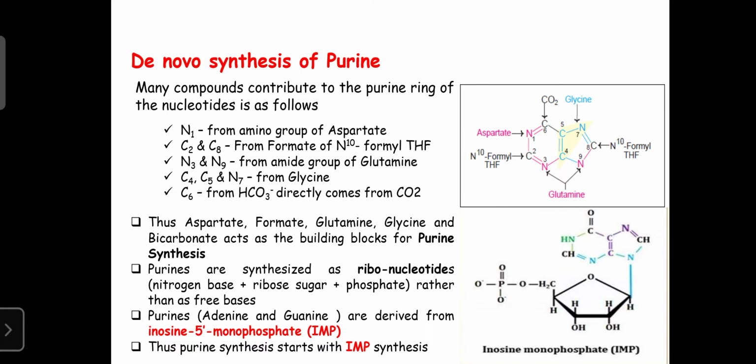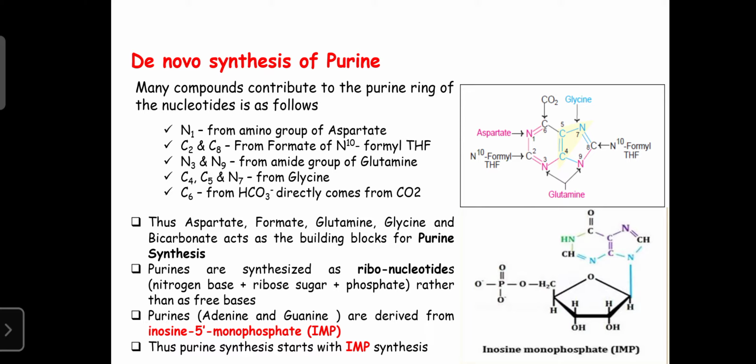And we also learned how various components, the amino acids, contribute to the formation of the basic ring of the purines. N1 is donated by aspartate, then C2 and C8 are contributed by formate, then N3 and N9, the other two nitrogens, are contributed by glutamine.